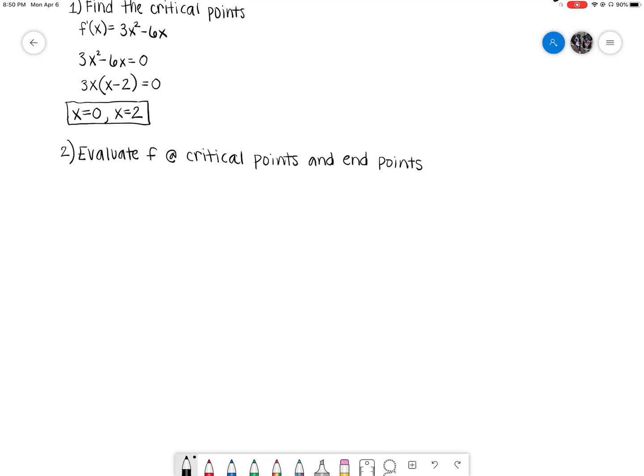Remember our critical points, 0 and 2. Our endpoints were -1 and 3.